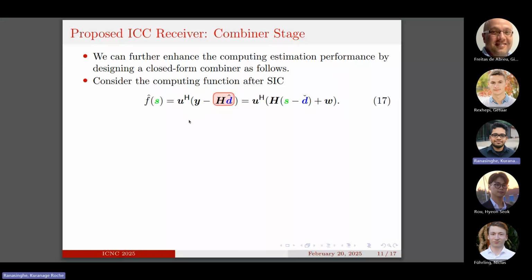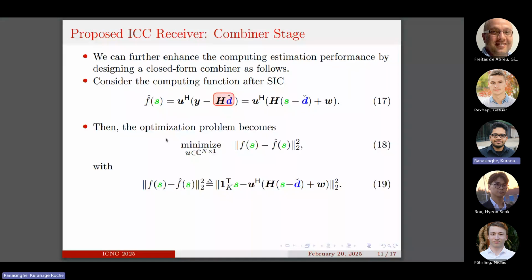We can do this by formulating an optimization problem, which is given in equation 18. As you can see, we just want to design a U such that the mean squared error between the f of s and the f hat of s, the estimate, is minimized, right? And the expression for equation 18 is given in equation 19, where, as you can see, we write the sum of s as a vector operation here, and this is the typical formula that's given in equation 17.